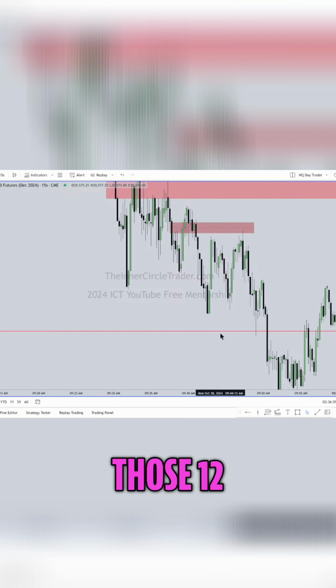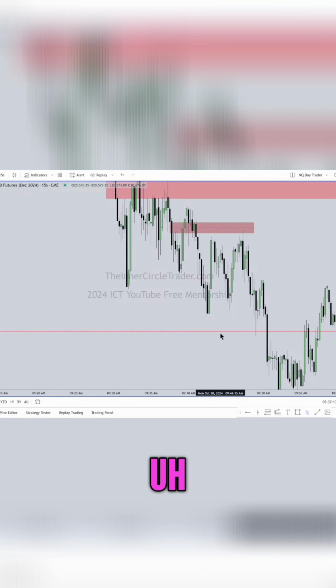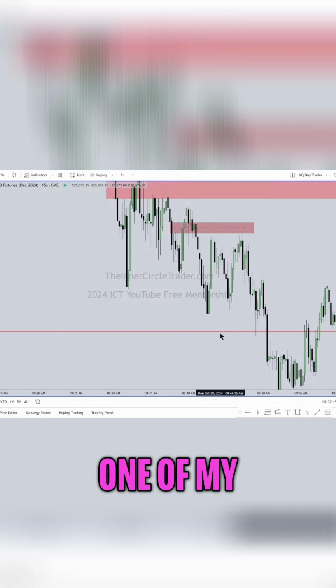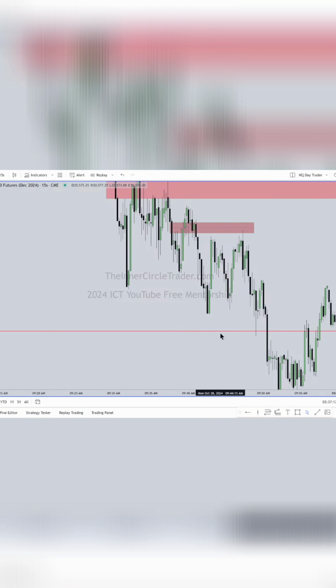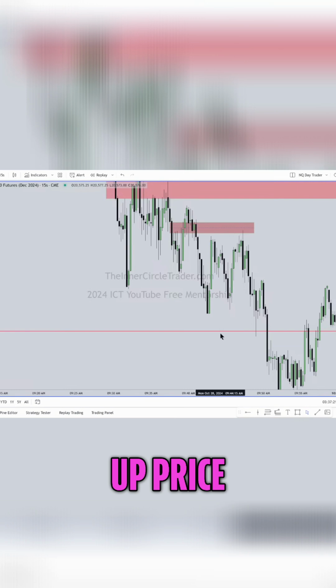Now, contrast those 12 models with coming out here and looking at time-based models, because time is the first aspect to algorithmic price delivery. If you know that there's going to be a move in the first 30 minutes, and one of my students asked, do I subscribe to the idea that there's an algorithm at 9:30 that messes up price when there's no news?